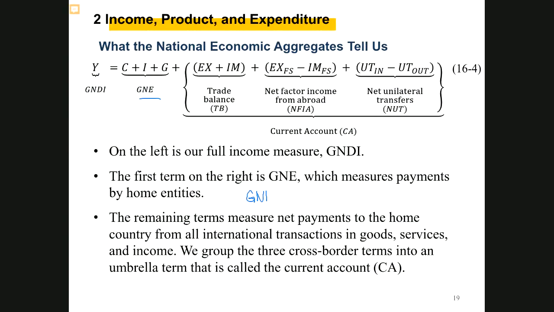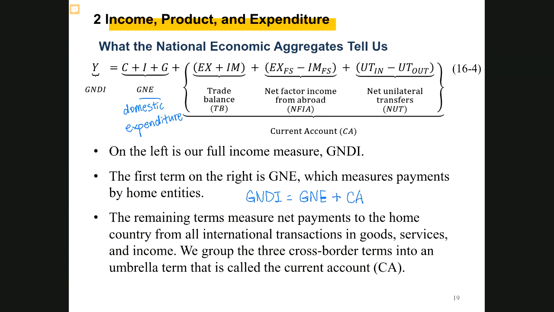GNDI, the last one, right? It's equal to the domestic expenditure, GNE. So this one is domestic expenditure, plus the current account.